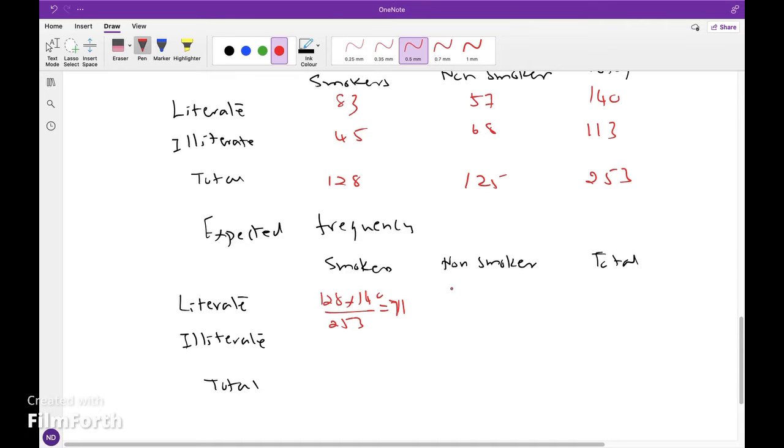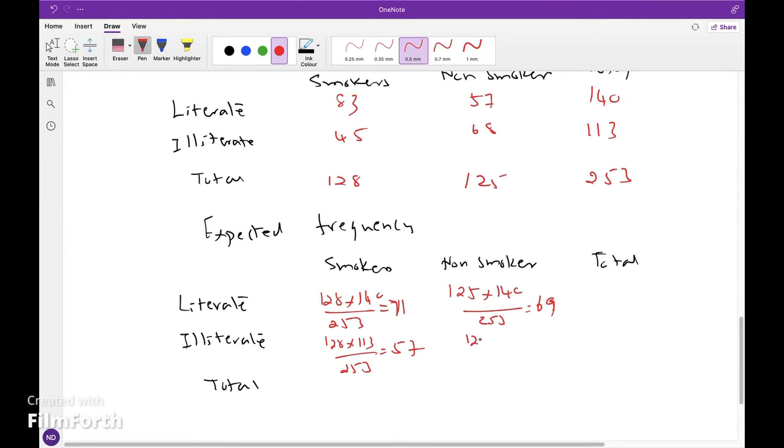Non-smokers: 125 into literate total 140 divided by 253, that is equal to 69. Similarly, illiterate smokers: 128 into 113 by 253, that value is 57.